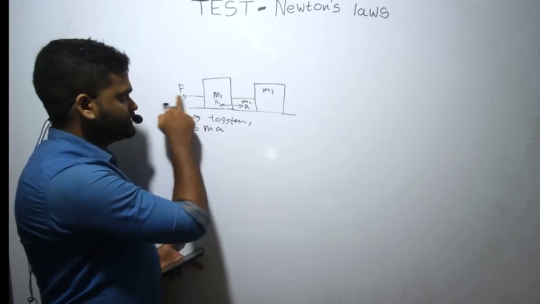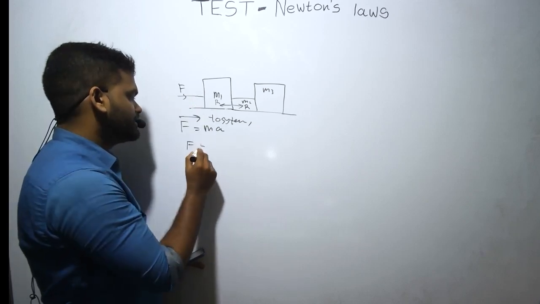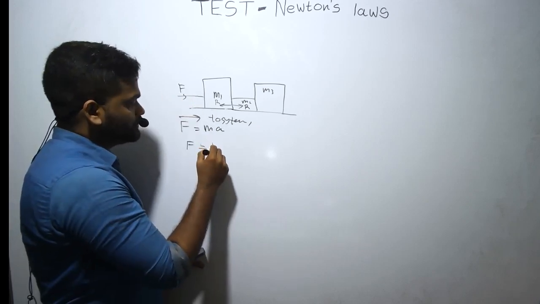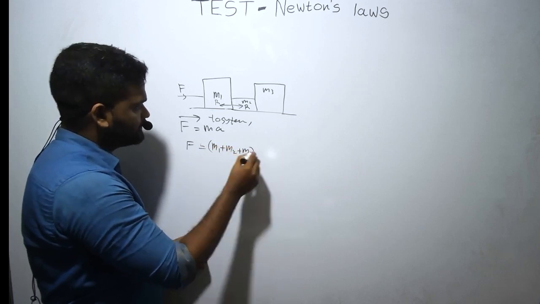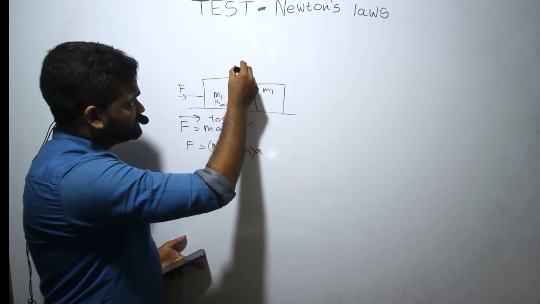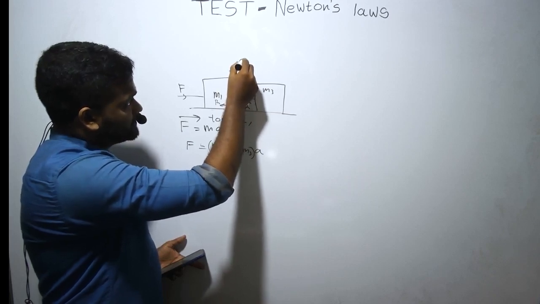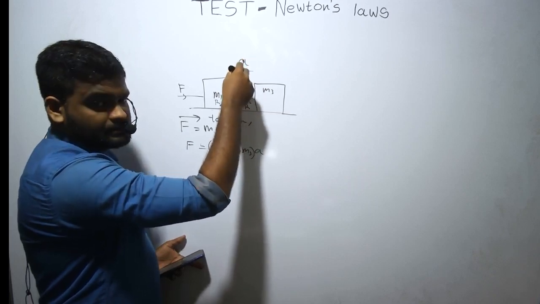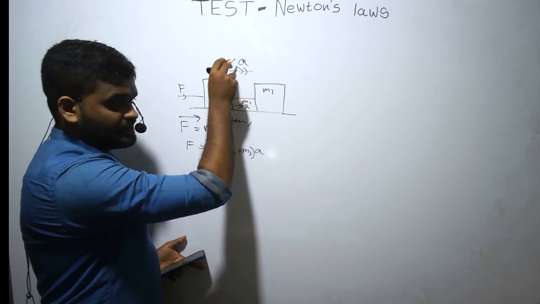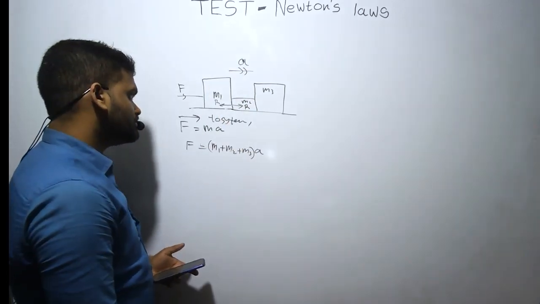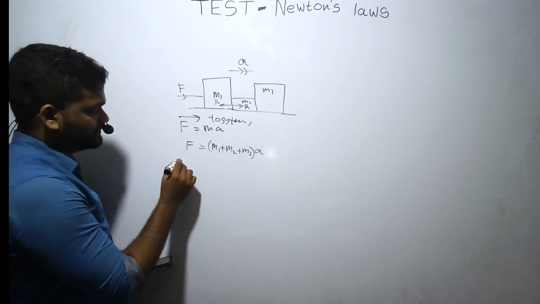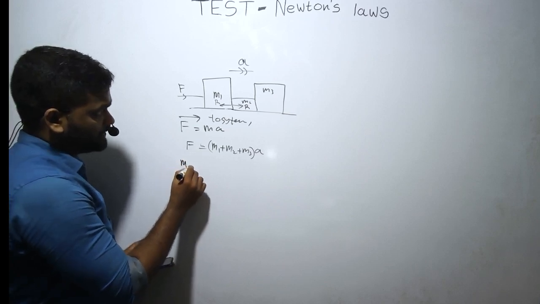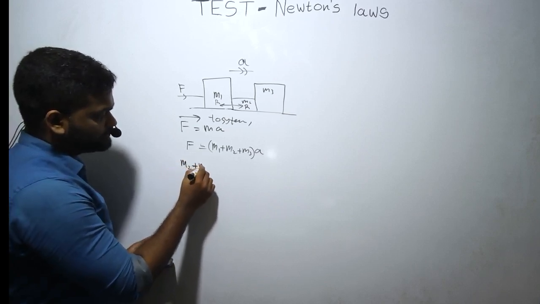The only unbalanced, external force is F. The mass of the system, you just have to add all the masses, and let's say the acceleration is simply a. You need to get rid of a, because that is a term we use. Then I'll apply the equation to this part.